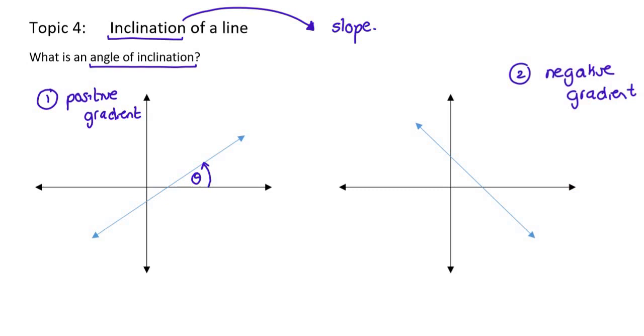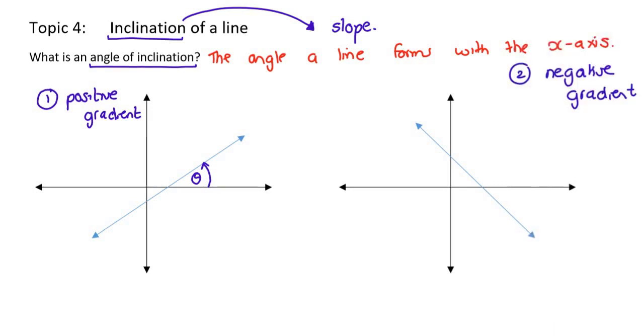So if I answer my question here, what is an angle of inclination? The short answer is the angle a line forms with the x-axis. Let me say that again because I was sounding confused. The angle of inclination is the angle that a line forms with the x-axis.